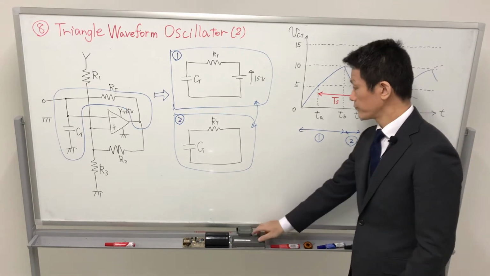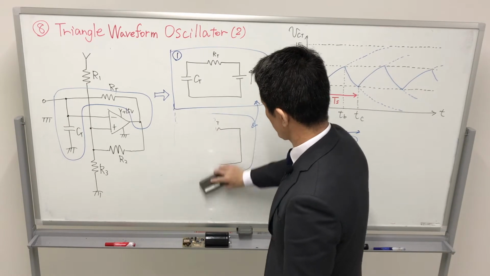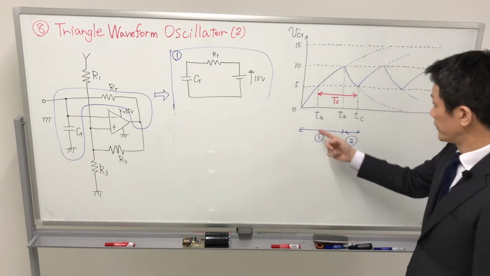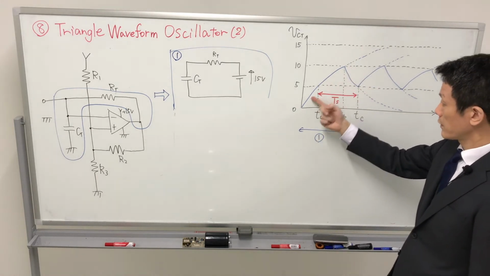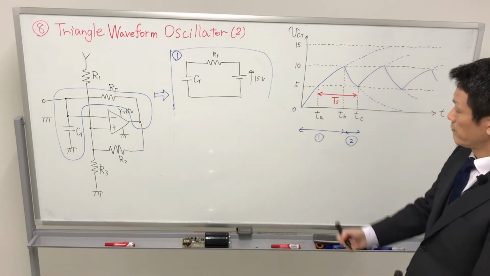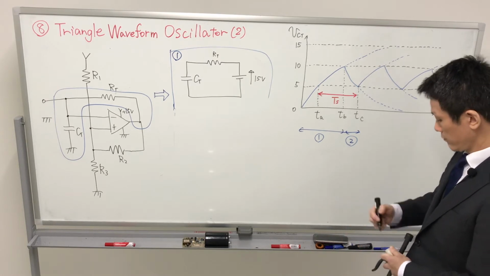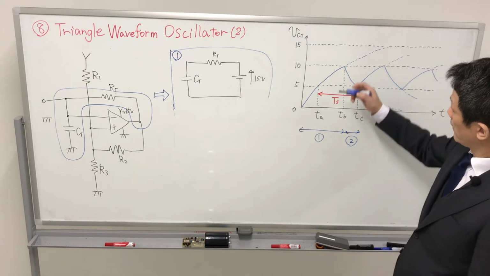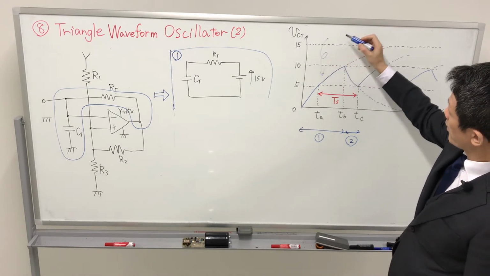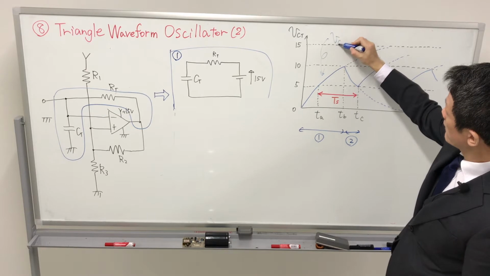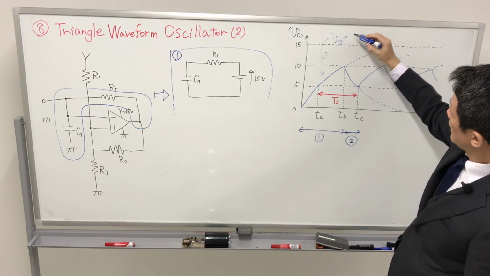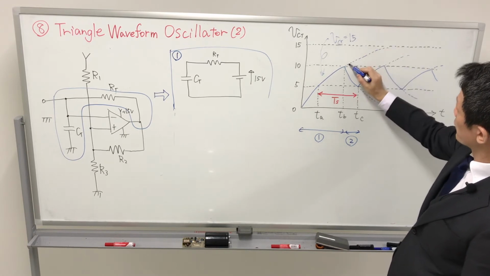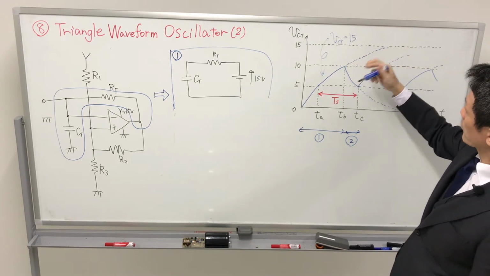Let's analyze this term. In this case, using this formula we can obtain VCT, including this dotted line.